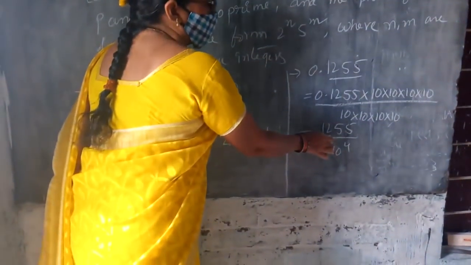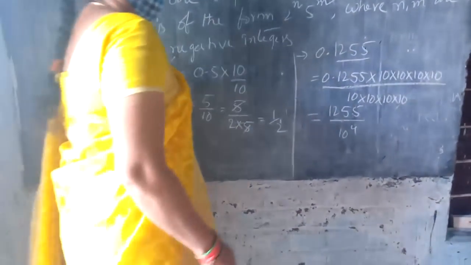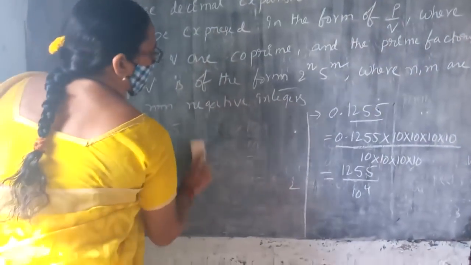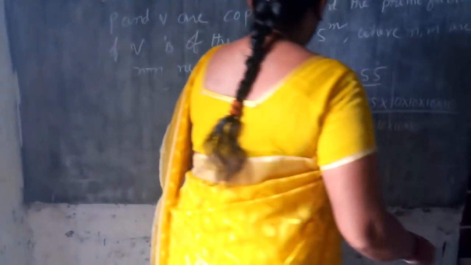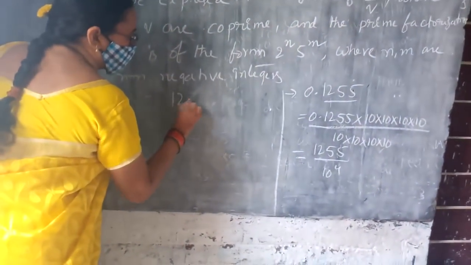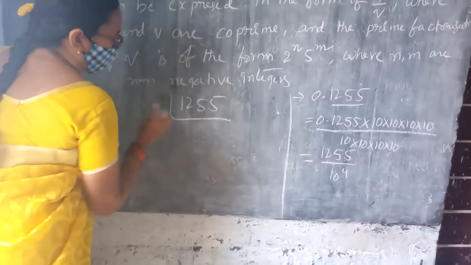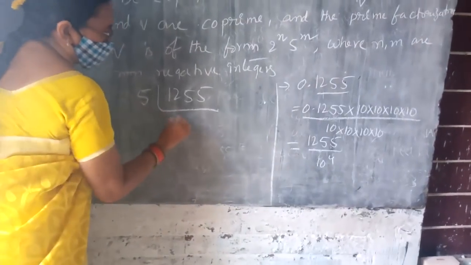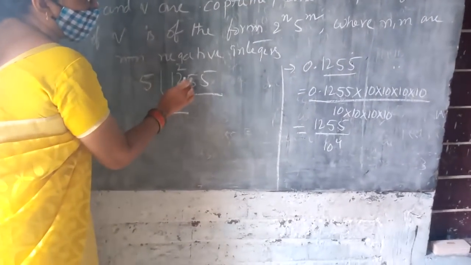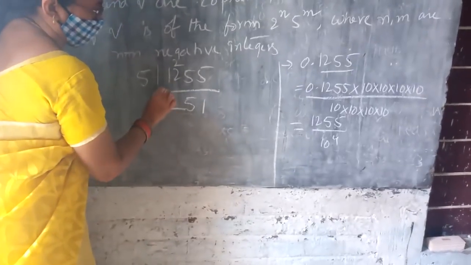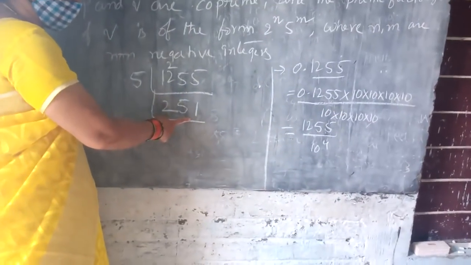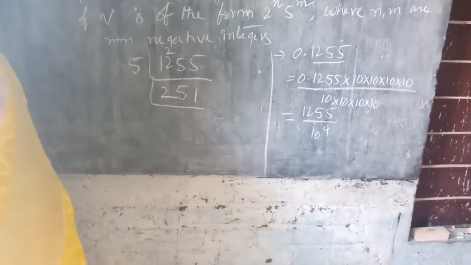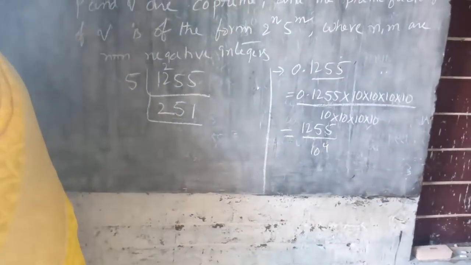We can factorize 1255. Which prime number is used? 5. 5 twos are 10, remainder 2, 25. 5 fives are 25. Second table, not divisible. Third table, not divisible. Fifth table, not divisible.